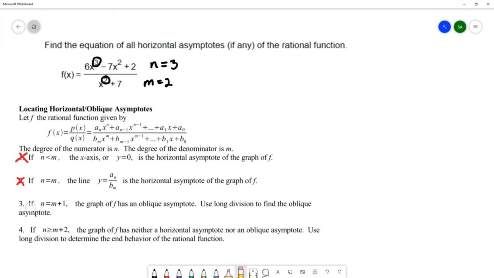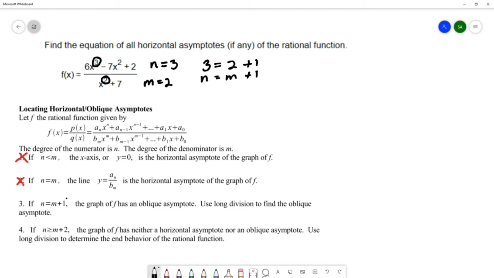And then we have the third case where n is equal to m plus 1. And that's where the numerator is 1 larger than the denominator. The degree of the numerator is 1 larger, and that is the case that we're in. 3 is 1 more than 2. n is 1 more than m.